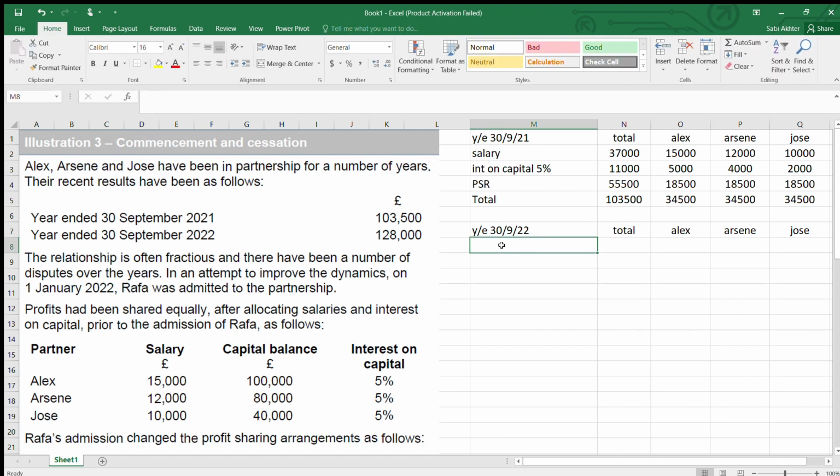So for this, it will be from 1st of October 2021 till 31st December 2021. Okay.